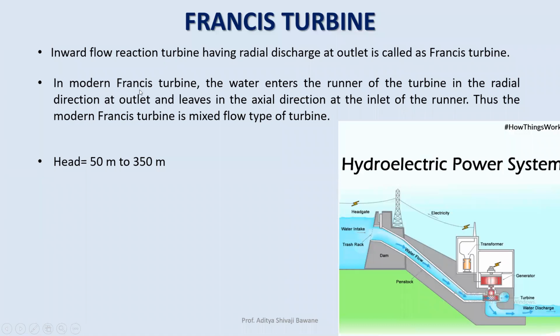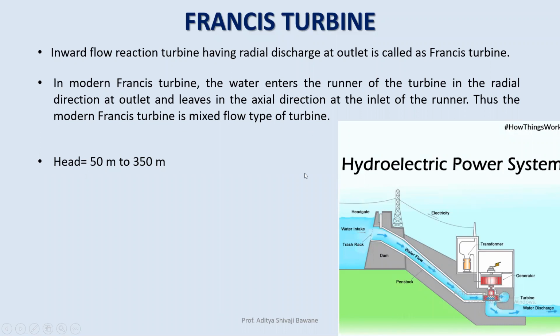Now in a modern turbine, the water enters the runner of the turbine in the radial direction and leaves in the axial direction from the runner. What this is saying is, from the outer periphery it is moving inside, and leaves axially. Thus the Francis turbine is a mixed flow type of turbine.